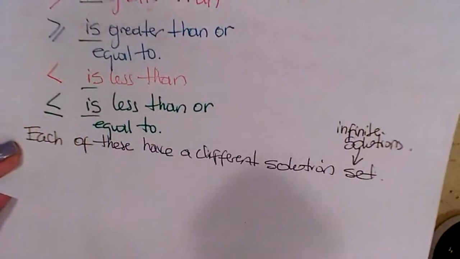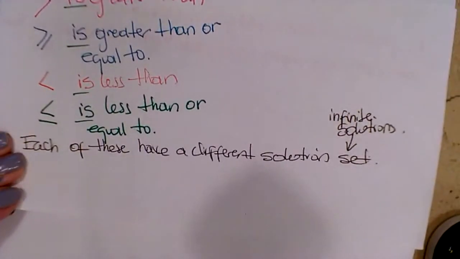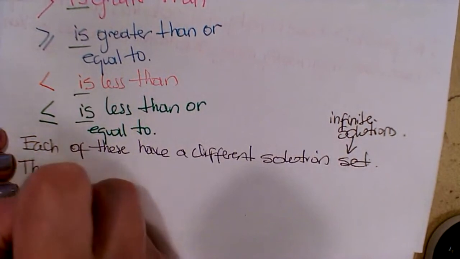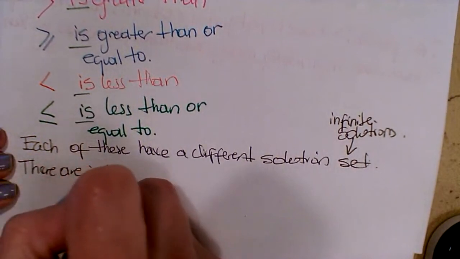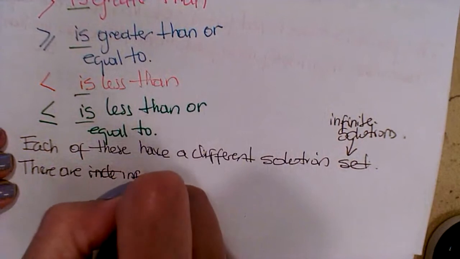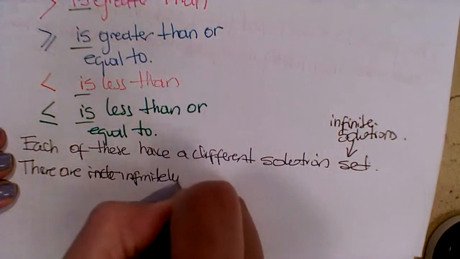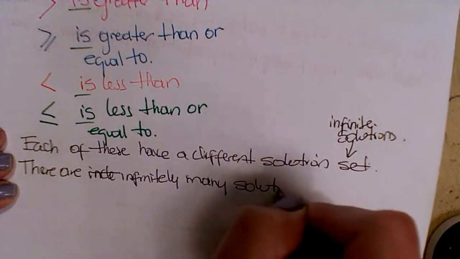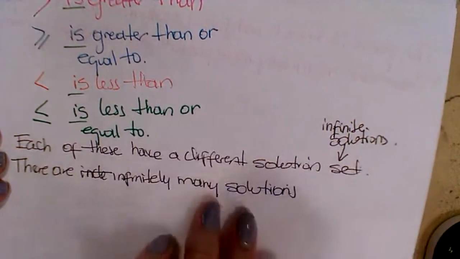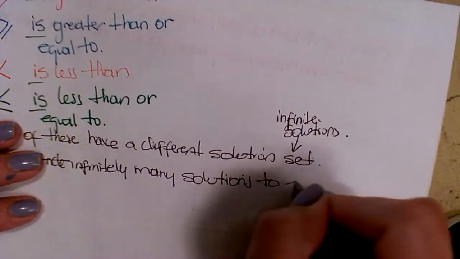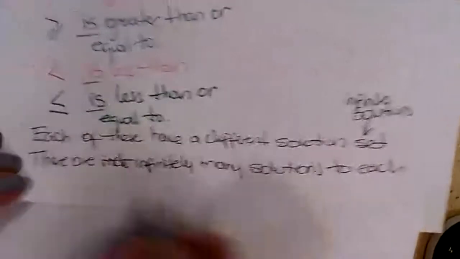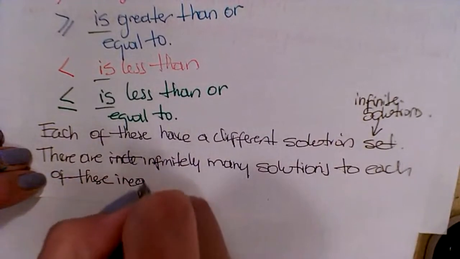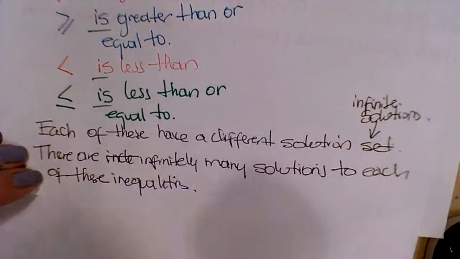So there are infinitely many different solutions to each of these inequalities. Okay?